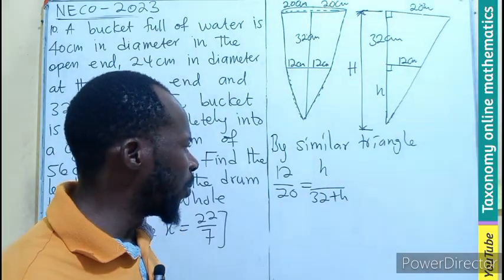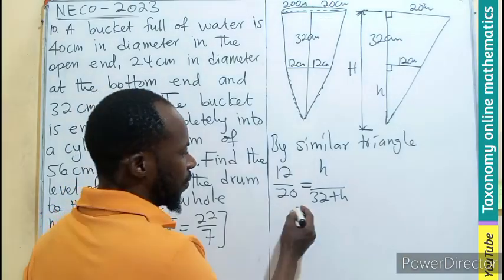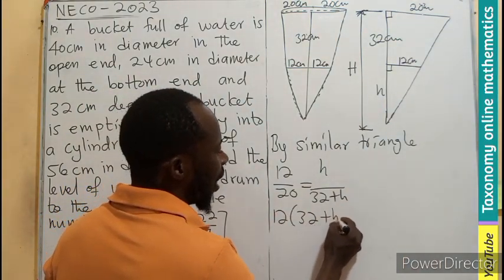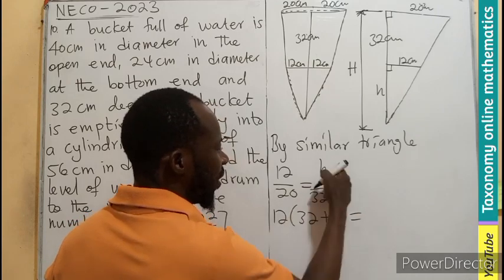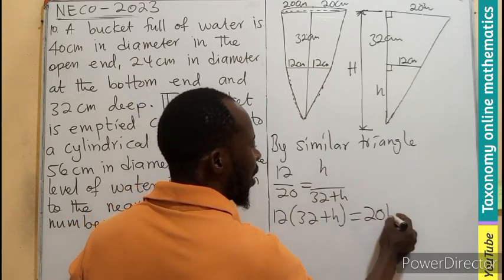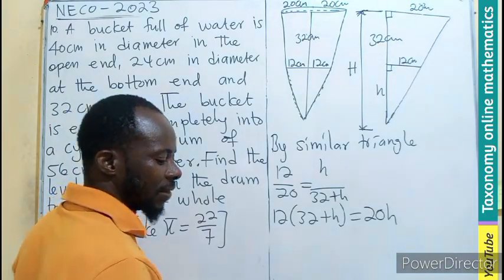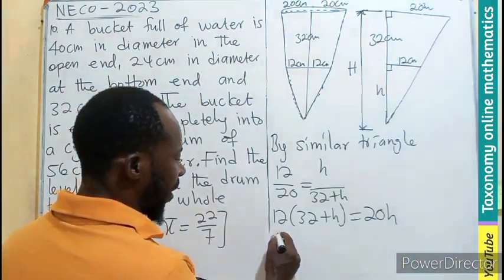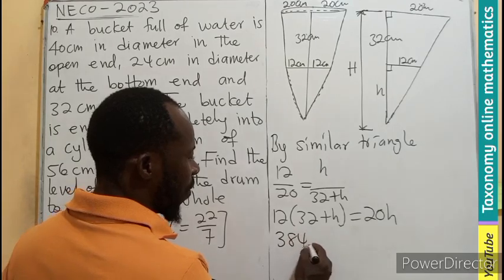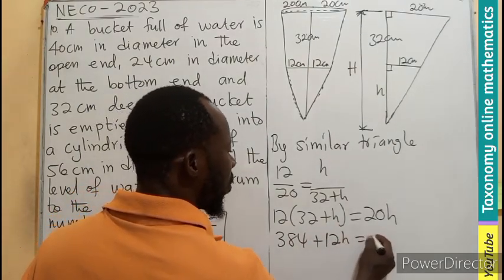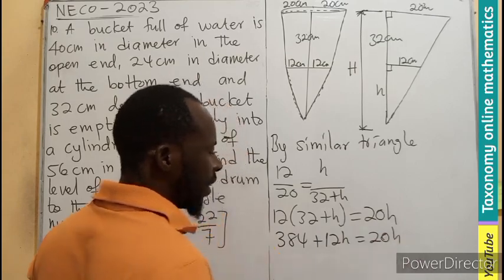We can cross multiply here and have 12 times (32 plus h) equals 20 times h. That gives us 20h. 12 times 32 gives us 384, and 12 times h will be 12h.